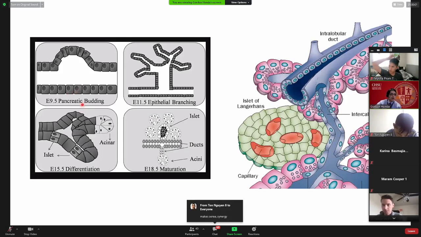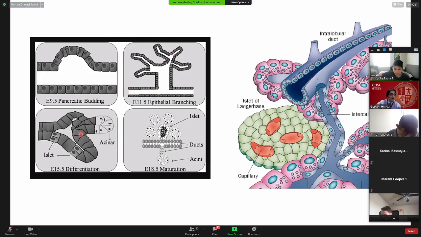So going back to how the pancreas develops embryologically, it starts off as a series of ducts that are mainly straight. And then these ducts start to branch in all different directions. And then within these developing ducts, they start to differentiate.